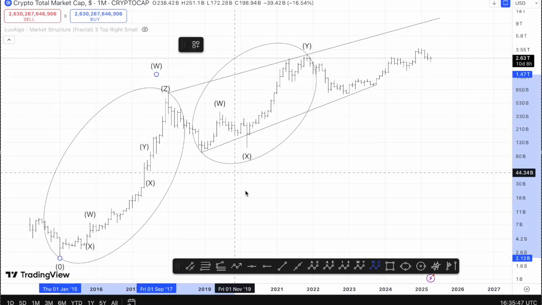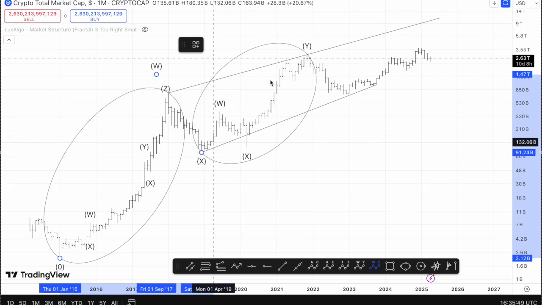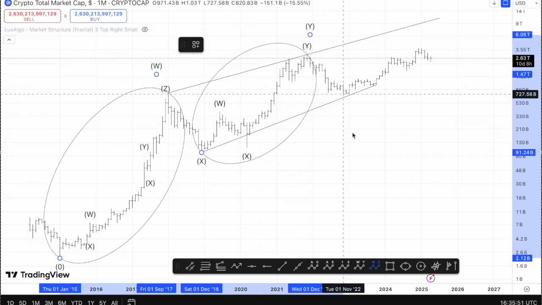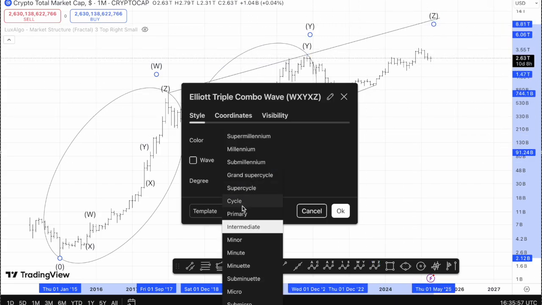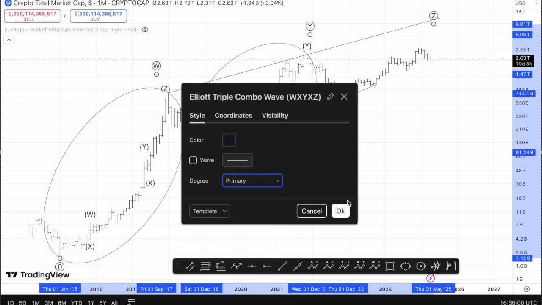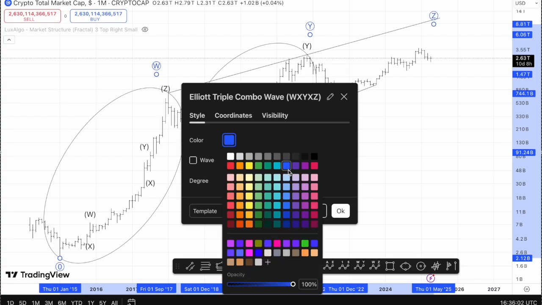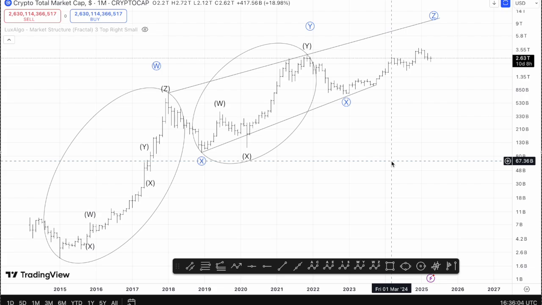So let me just change the degree of this to primary and the color to blue. The outcome would still be the same, but the count makes more sense in terms of the Elliott wave theory. Okay, so that's the difference.